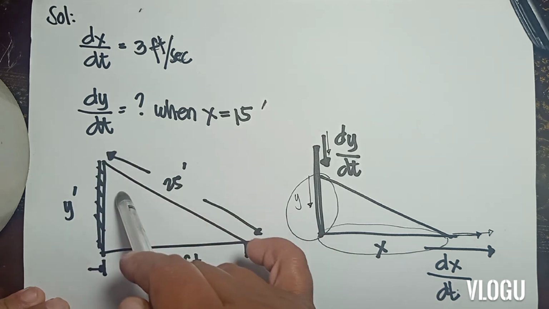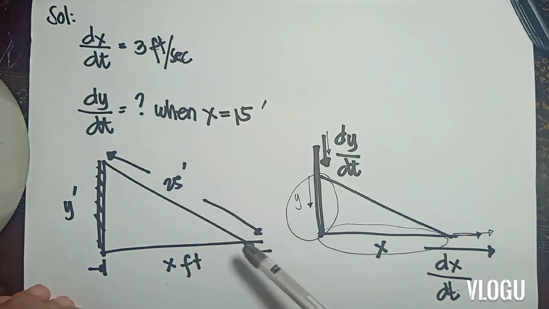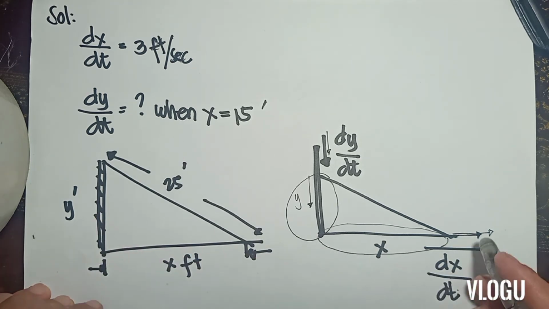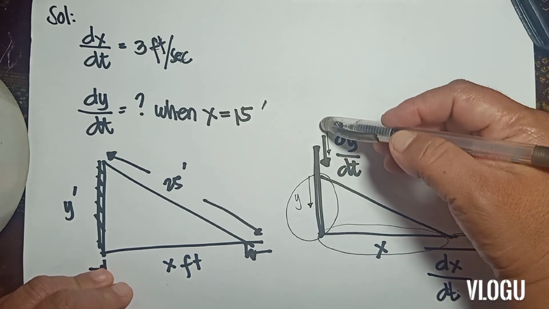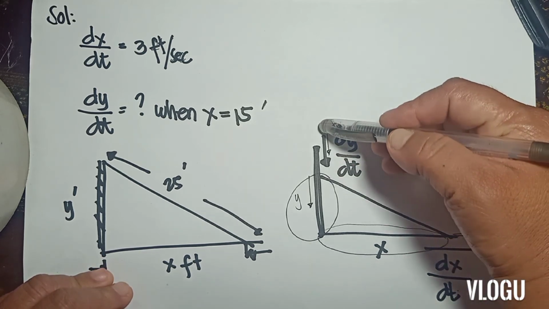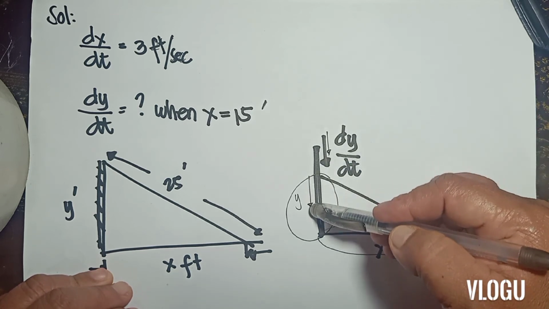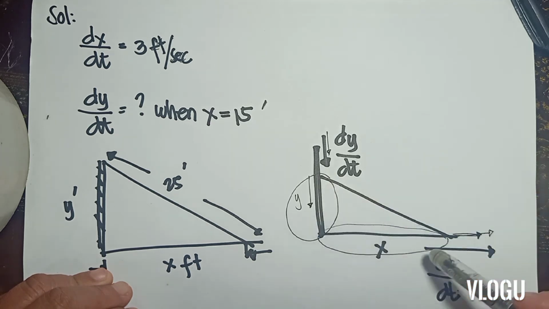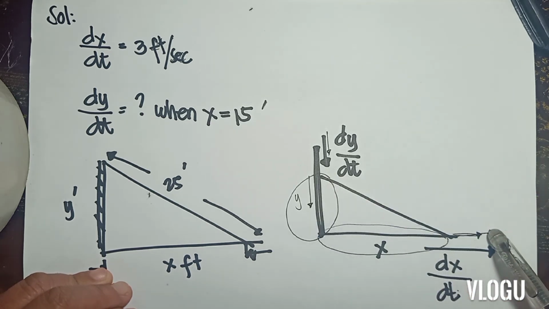This one is your ladder, 25 feet. So, when we pull the ladder horizontally at the bottom part, of course, the ladder will slide down. The vertical height of y is decreasing, and the horizontal x is increasing.